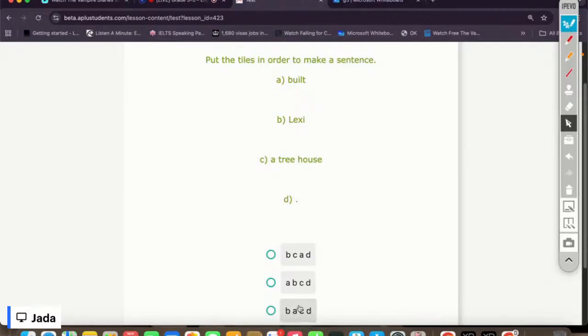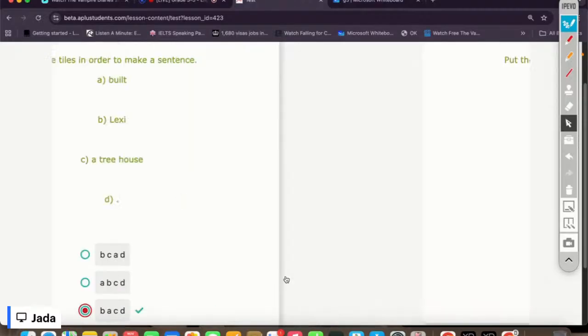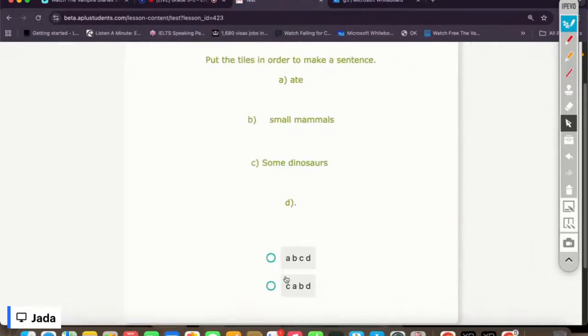So Lexi builds a tree house. Then add small mammals, some dinosaurs, first or second?